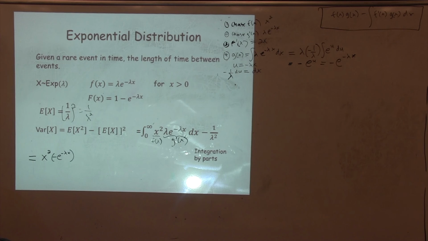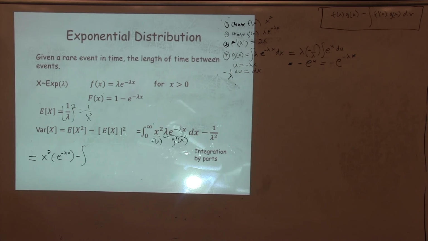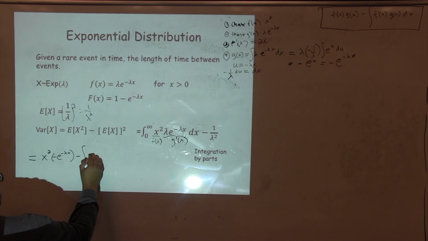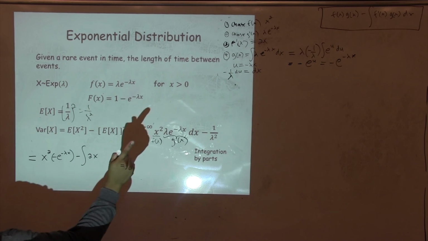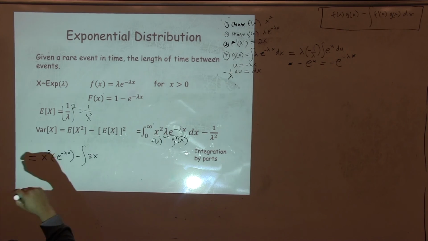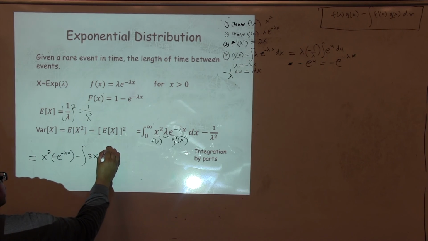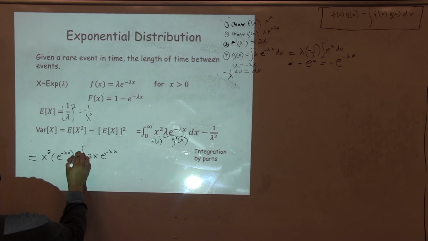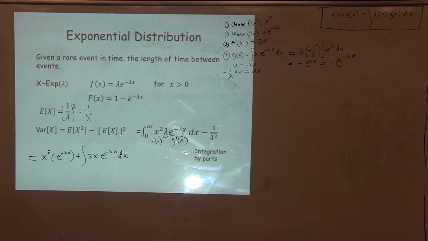So that's f of x times g of x, minus the integral of f prime of x, that's 2x, times g of x, which is minus e to the minus lambda x, dx. So that's e to the minus lambda x. Minus times minus, that's plus, dx. As we can see, this has already gotten a little bit simpler. But it's not simple enough.